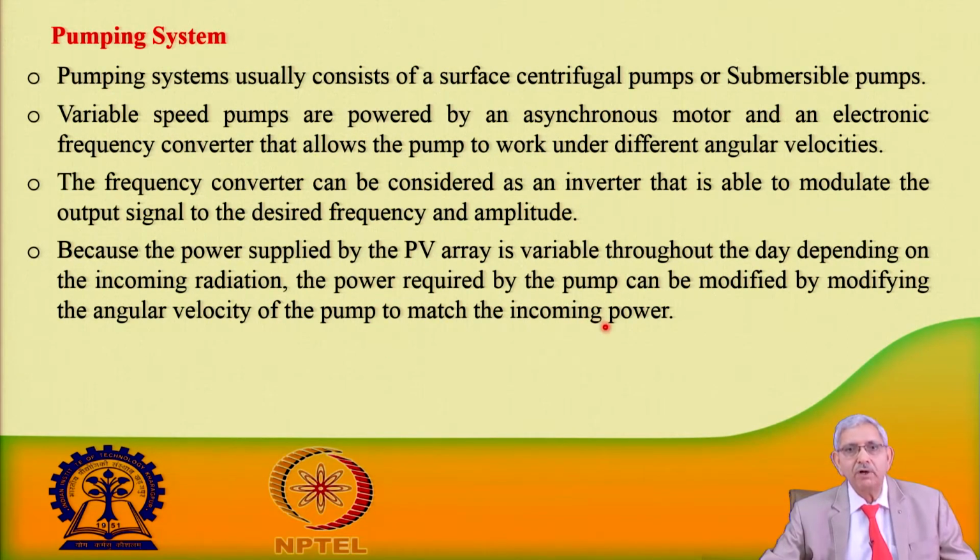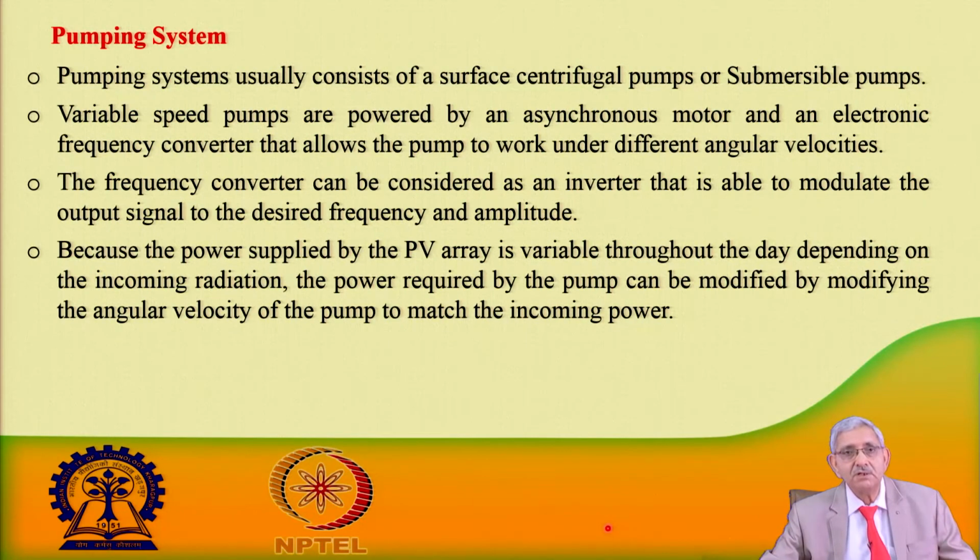So, the power required by the pump can be modified by modifying the angular speed of the pump to match the incoming power. This is a very important thing: matching of the pump as per the demand, and how much power is available from the solar PV system.